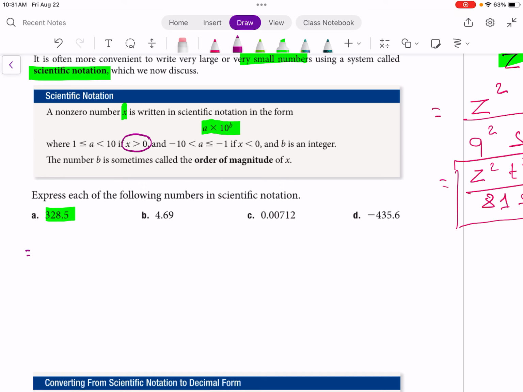You take the first digit, 3, which is between 1 and 10. You move your decimal to after the 3 and write down the remaining digits, so we have 3.285. Then you write down times 10 to the power. Now how far did you move your decimal to the left? That is b. We moved 2, right? So 10 to the power 2.